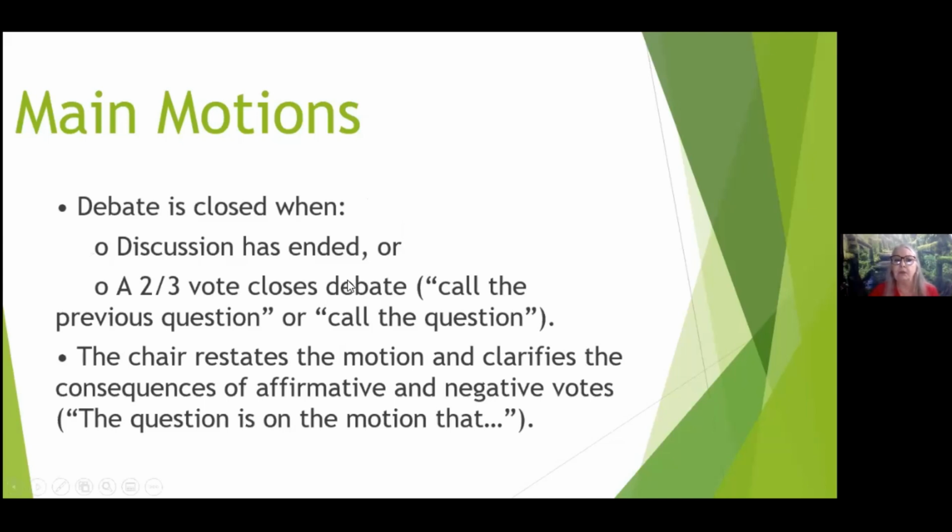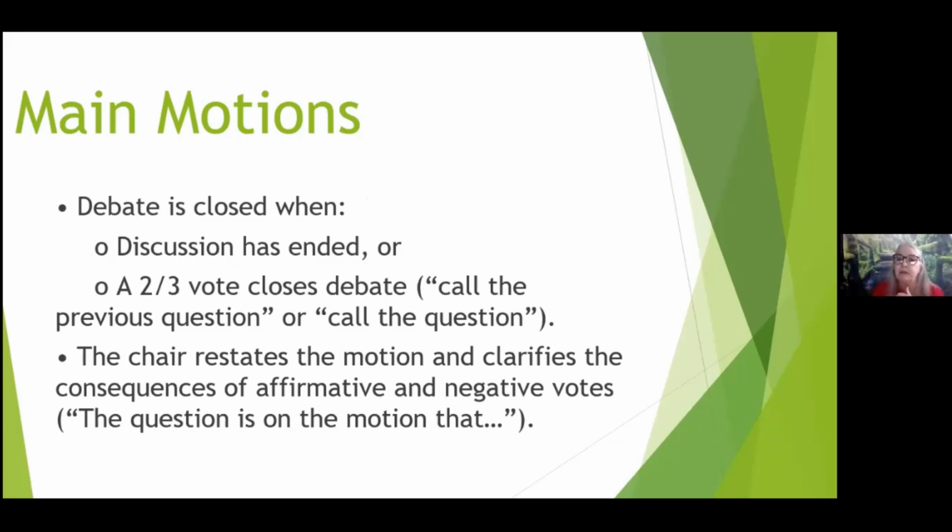Debate is closed when discussion is ended, nobody else has anything to say, or someone says, I call for the previous question. Then a 2/3 vote has to be taken to close debate. Because remember, anything that limits your rights takes a 2/3 vote. So by closing debate, we're limiting your right to continue to speak about it.